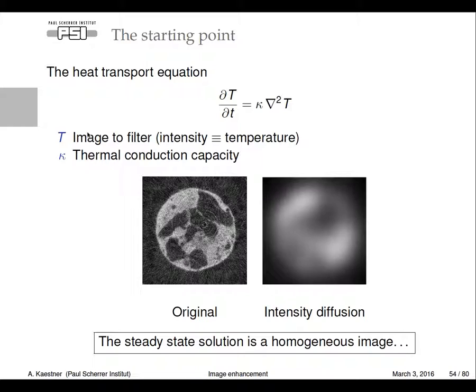So the starting point, when we're talking about differential equations, the first idea that people started working with was looking at the heat transport equation. We take the image, which is T here, the intensity corresponding to temperature. Then we have some thermal conduction capacity. And we iterate this to get some solution.